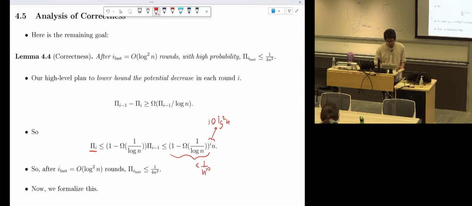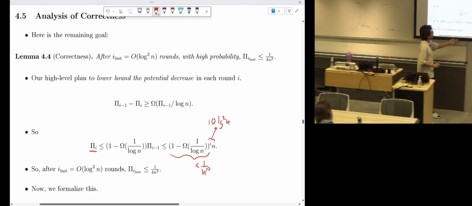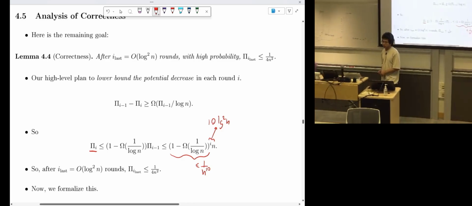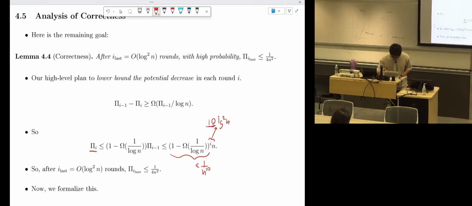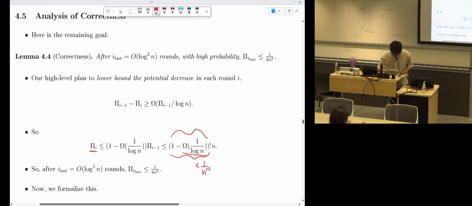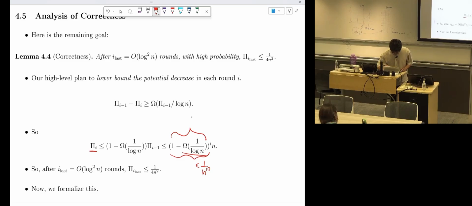So this is going to be small. You need to choose a constant here big enough. Here I use the fact that this thing is at most e to the minus 1 over log times I, because 1 minus x is at most e to the minus x for all x.